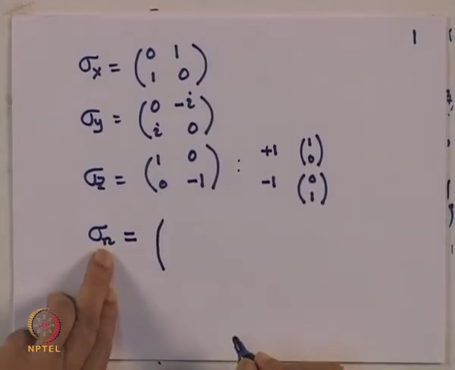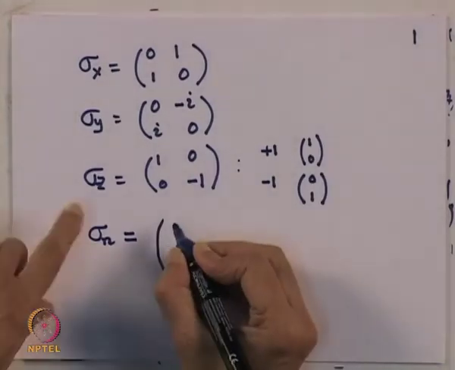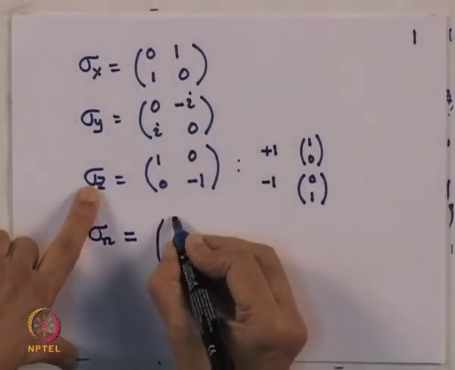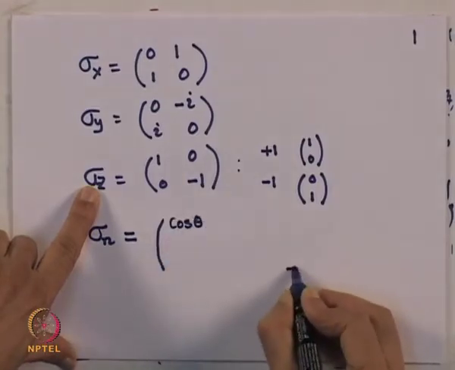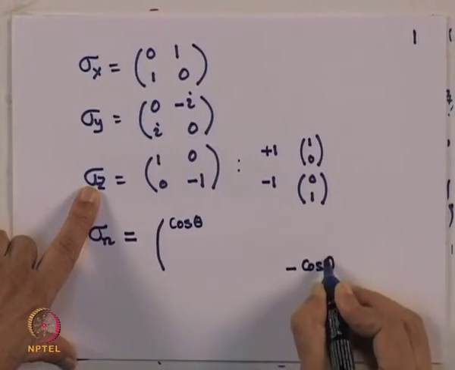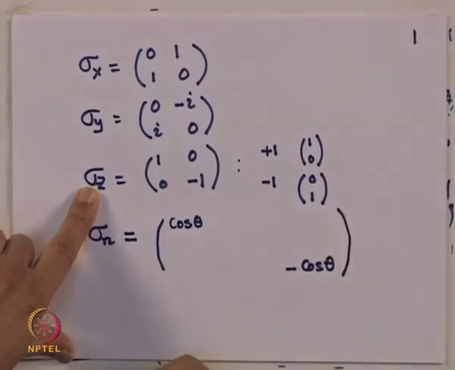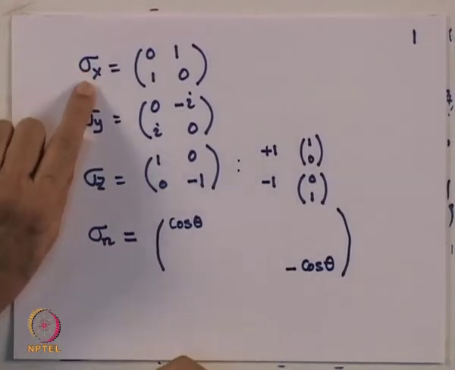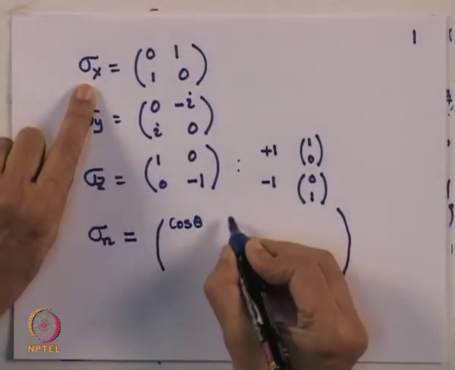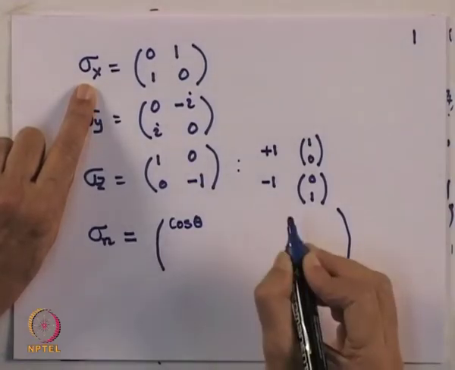that makes sigma n, that is the Pauli matrix along the arbitrary direction n, as sigma z times cos theta, which makes these diagonal elements cos theta, minus cos theta, plus sigma x times sin theta cos phi, which makes it sin theta cos phi.